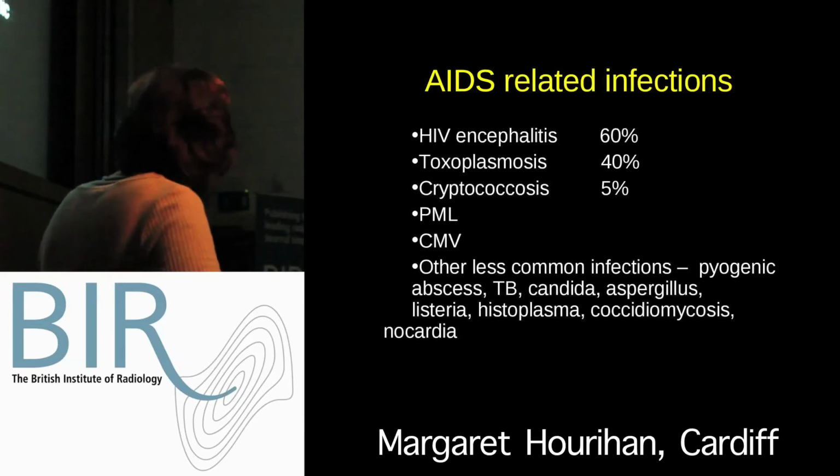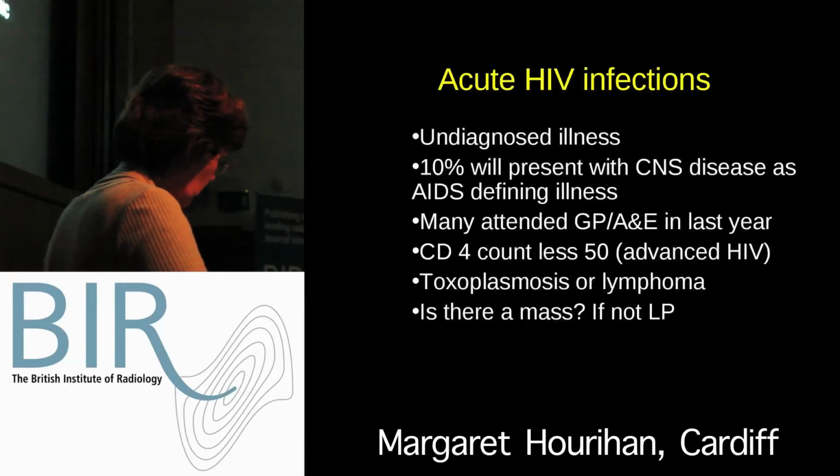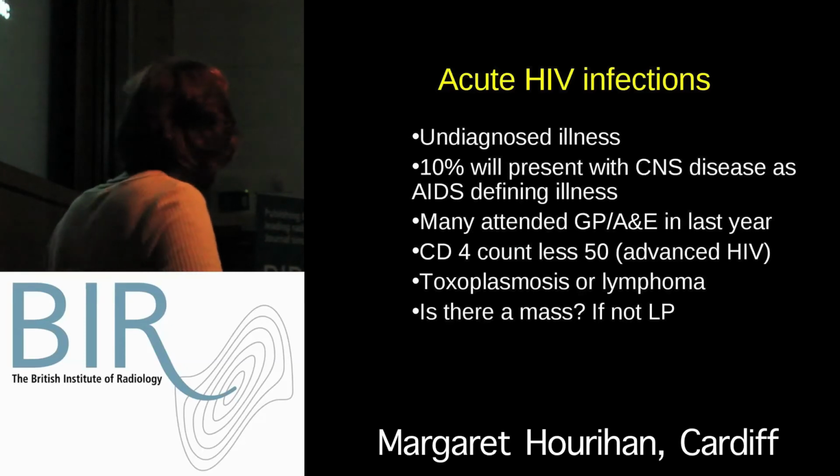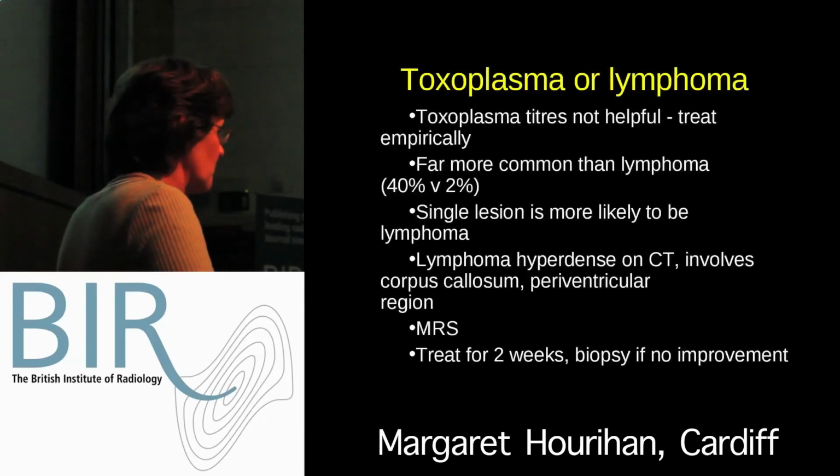Now, I'm not going to dwell on AIDS-related infections, but just to say that these immunosuppressed or compromised patients are at risk of getting quite a lot of infections. But I just want to touch on the patients that we see acutely coming through A&E, who usually have AIDS but haven't been diagnosed yet.